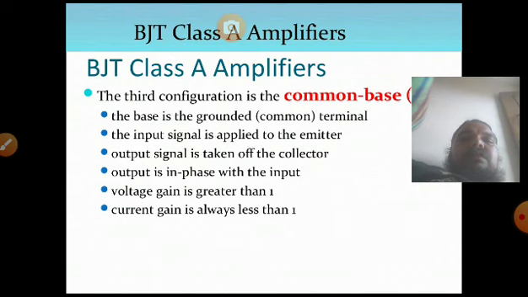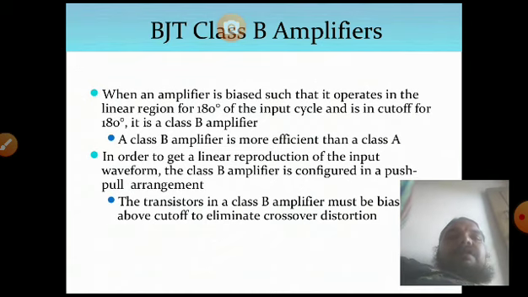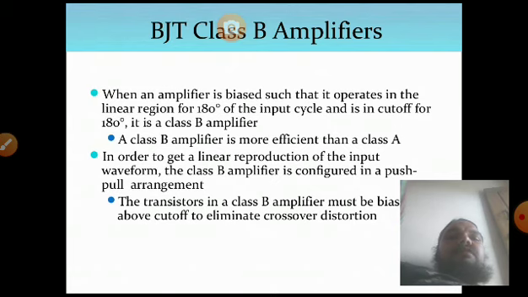Next, the second one is the class B amplifier. When an amplifier is biased such that it operates in the linear region for 180 degrees of the input cycle and is in cutoff for the other 180 degrees, it is a class B amplifier.